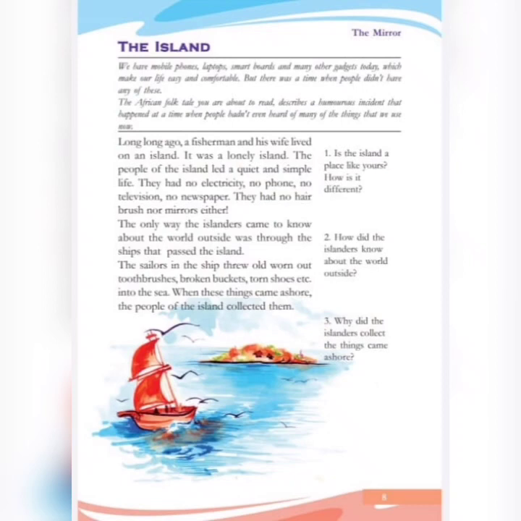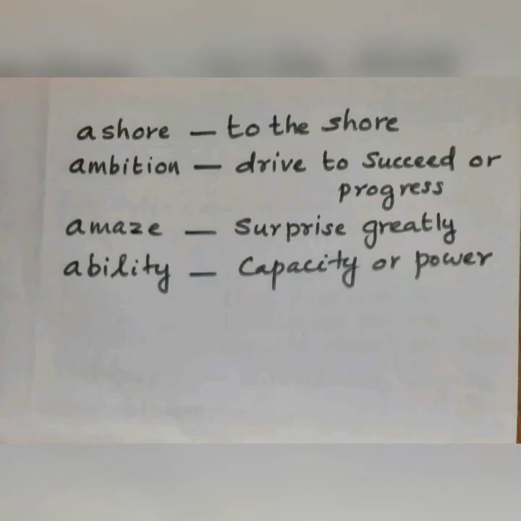Here also, a word starting with the first letter A in the passage is ashore. Ashore means to the shore. Other three words starting with A are ambition, drive to succeed or progress; amaze, surprise greatly; ability, capacity or power.